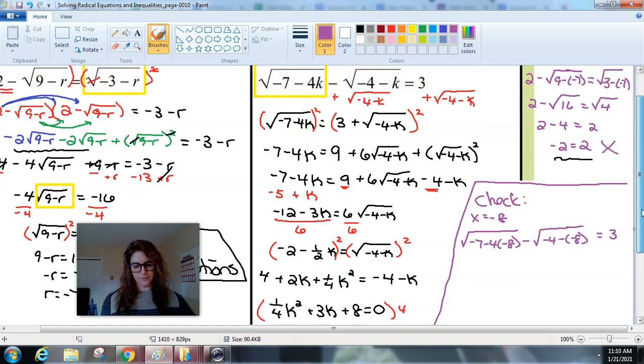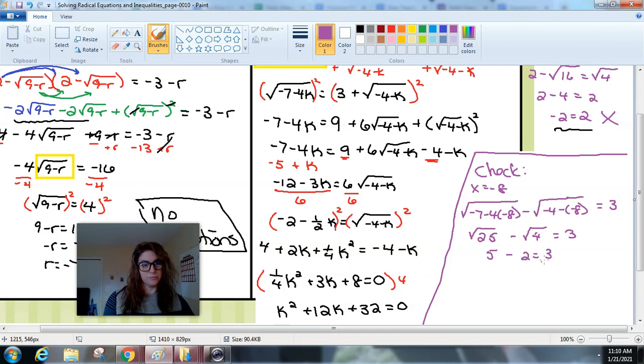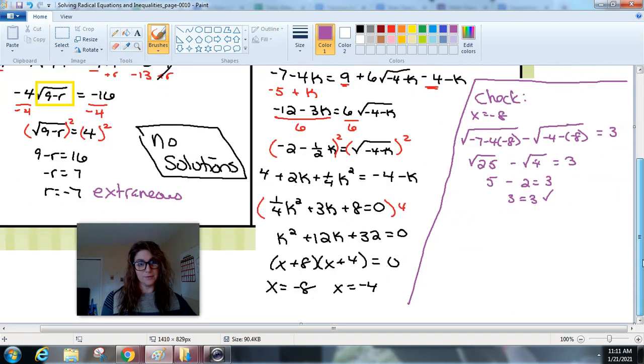And a positive 32, and you subtract 7 from it, that's 25. -4 minus a -8 is a -4 plus 8. Well, that's 4. And then we have equals 3. Square root of 25 is 5. Square root of 4 is 2. 3 equals 3. That worked out. So I know x equals -8 is a solution. That's definitely one of them.